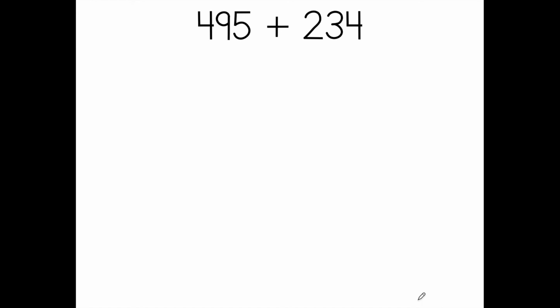Still thinking about how those numbers are bonded together. What are the parts that make up the whole? Well, I want this 495 to be 500. So I'm going to break apart 234 because I need 5 of it to make this 500 over here that I want, 495.